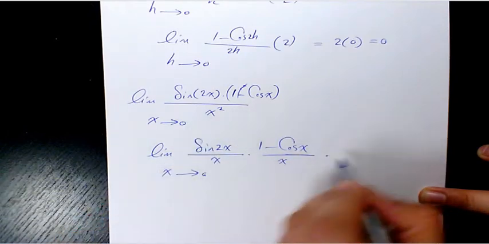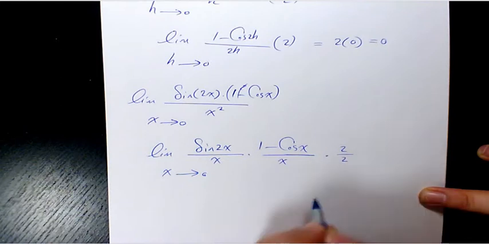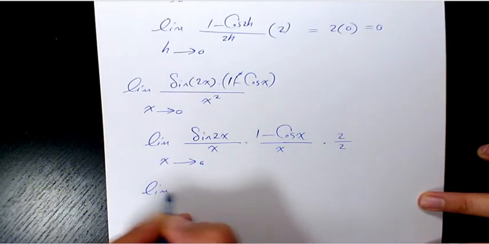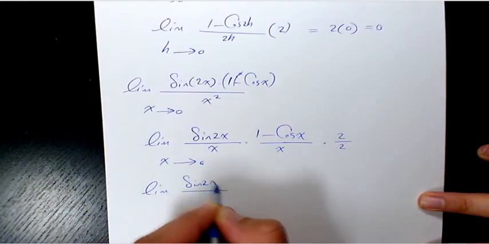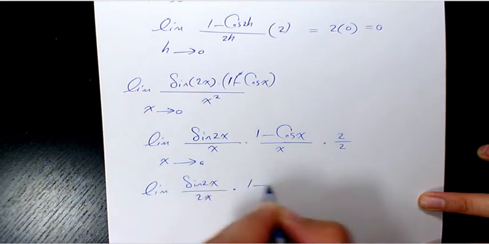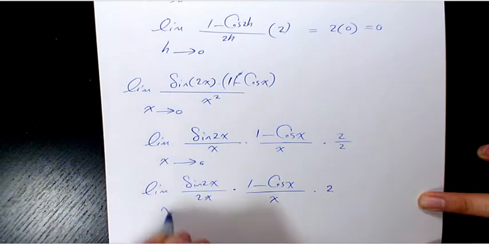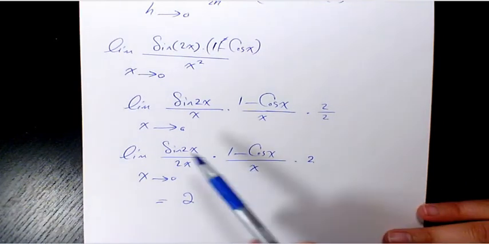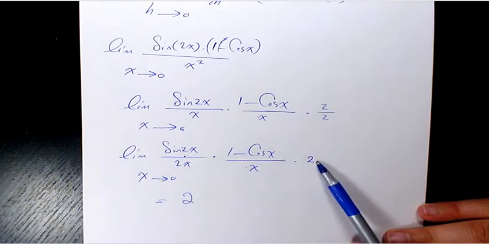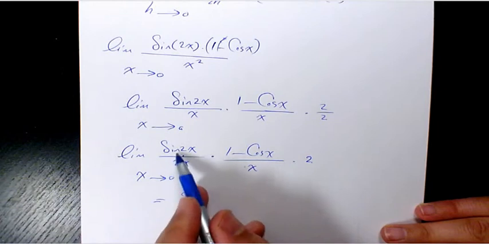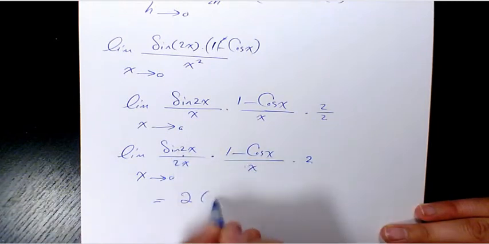Then you can multiply both sides by 2. It's going to change to sine 2x over 2x times 1 minus cosine x over x times 2 when x is 0. The answer is going to be equal to 2 because this one is 1, this one is 1, this one is 0, and times 2 is going to make it 0.